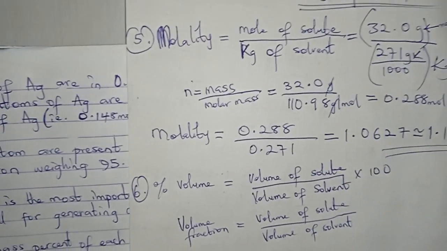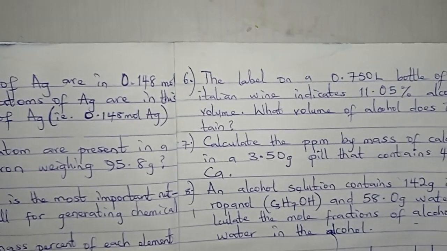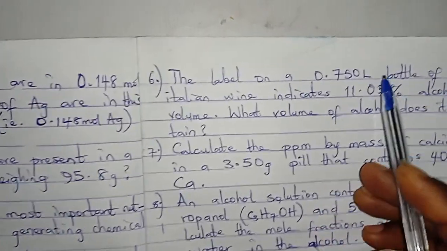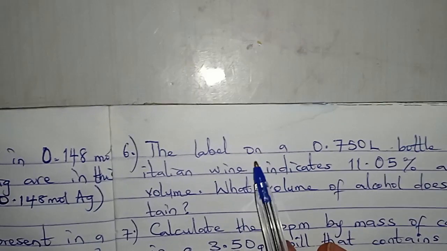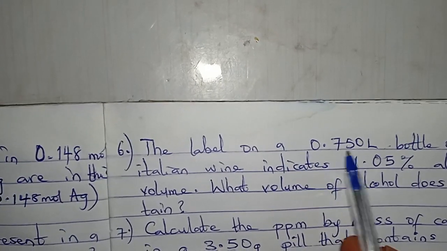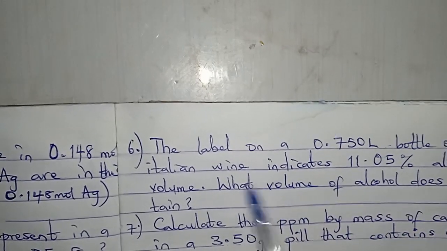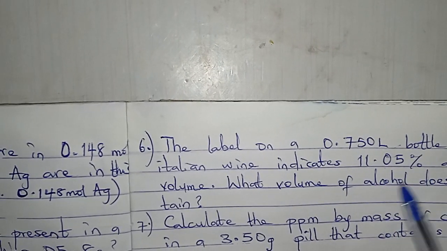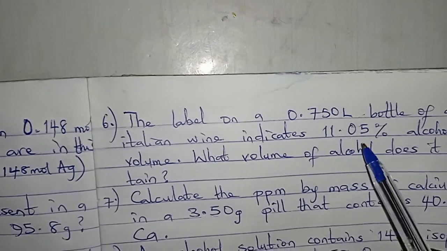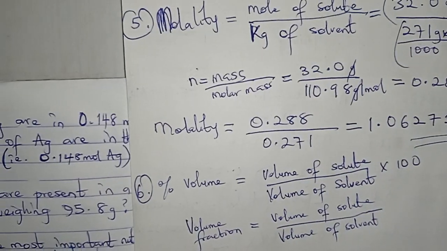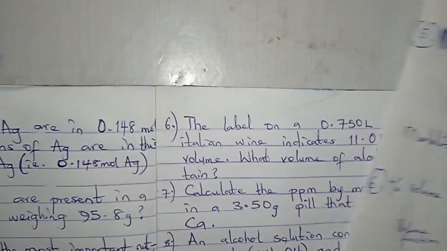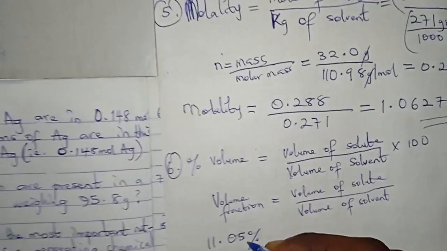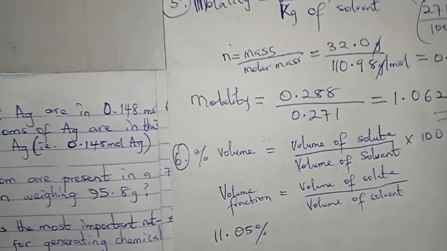So in a case where I am given volume percent, see, the label on a 0.750 liter bottle of an Italian wine indicates 11.05% alcohol by volume. So I have 11.05%. That means I've gotten the volume percent already.